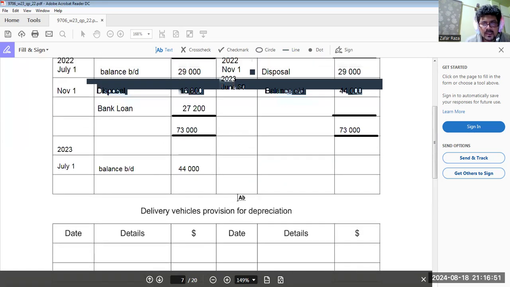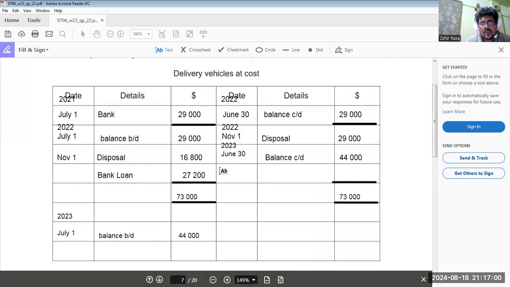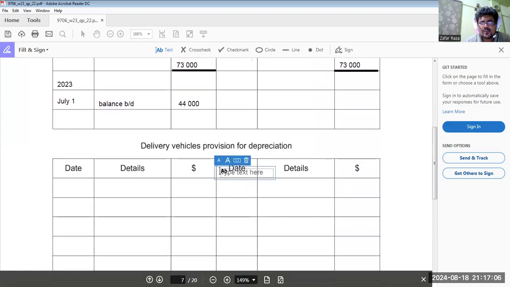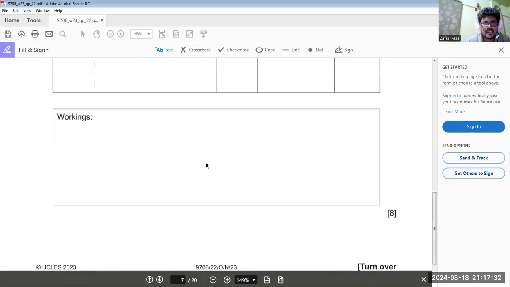Now for depreciation, you have to be careful. See, first year's depreciation of this machine, which was 29,000, that would be taken on 2022 30th June. 1 year depreciation. Okay. Income statement. How much? We can calculate.